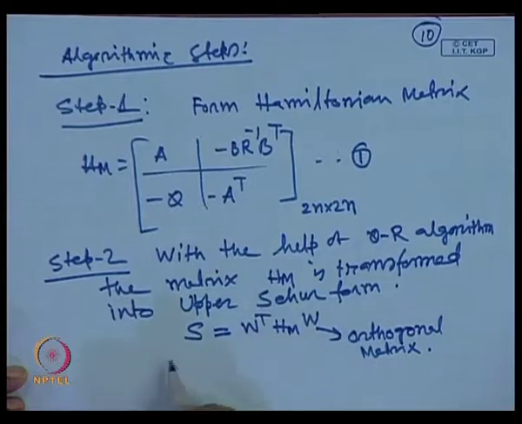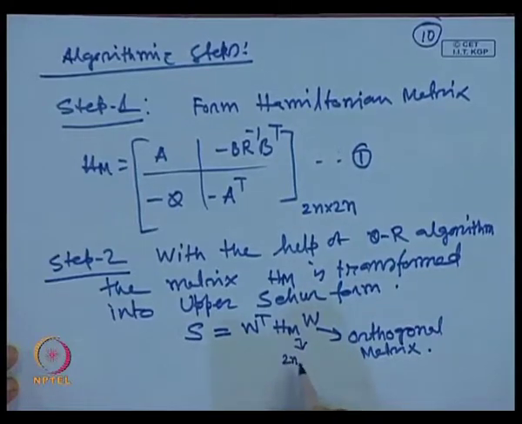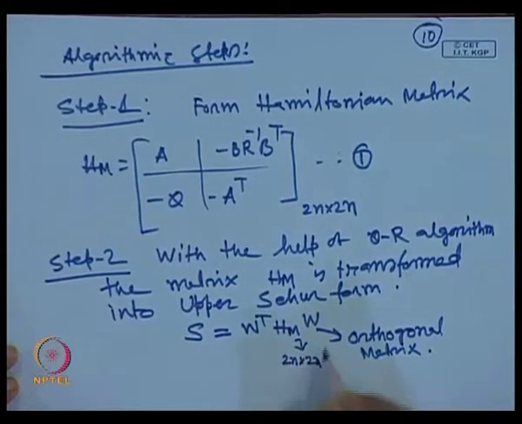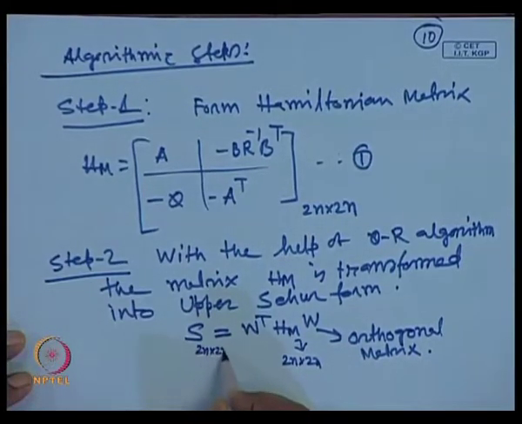Those are the properties of an orthogonal matrix. H m has dimension 2n cross 2n, and this orthogonal matrix also has dimension 2n cross 2n.